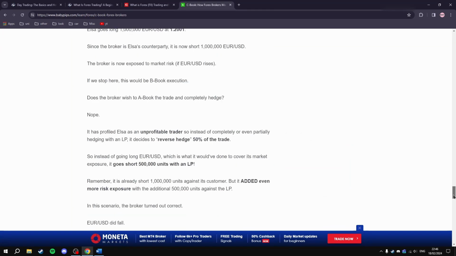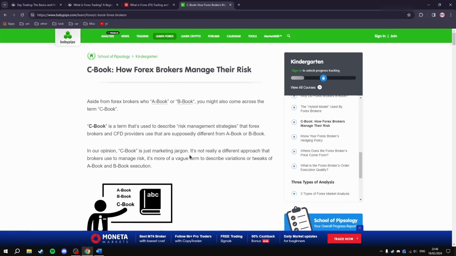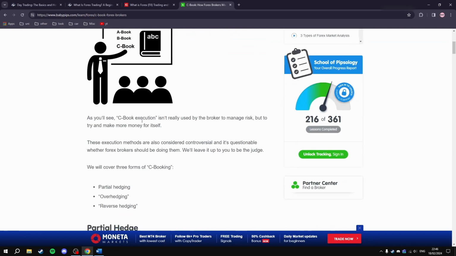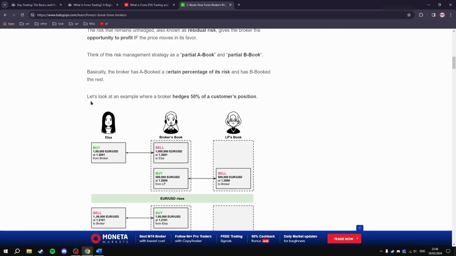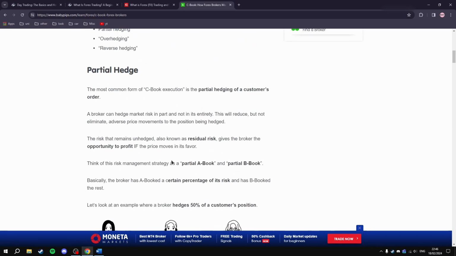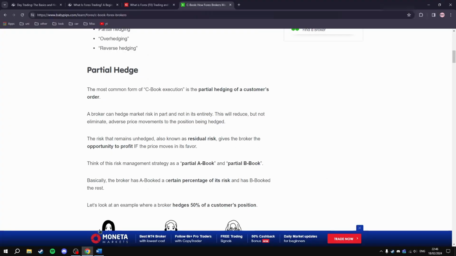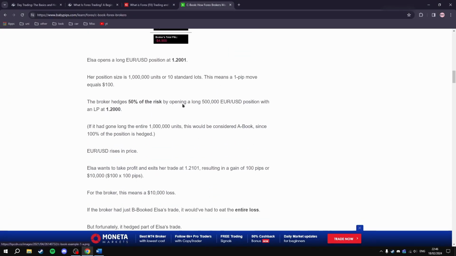So I see what they mean when it says different approach to manage risk. Not really a different approach. It's more a vague way to describe various tweaks of A-book, to try and make more money by itself. I see what they mean by that. So, partial hedge: A-book a percentage, then B-book the rest.